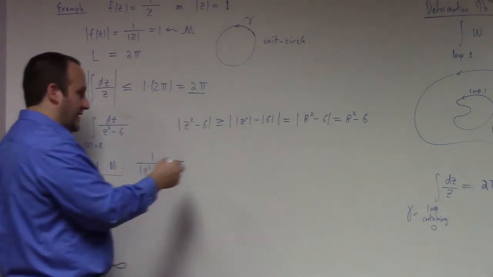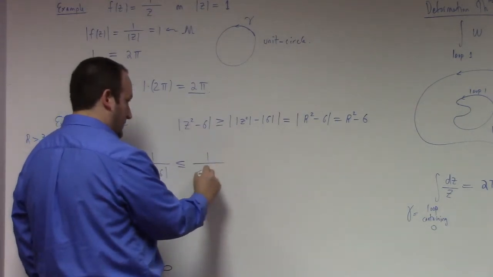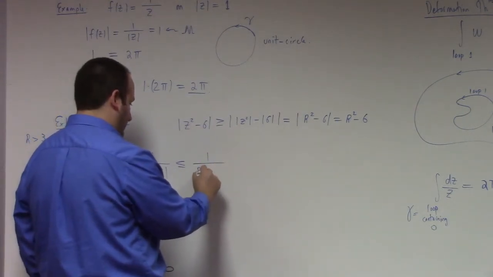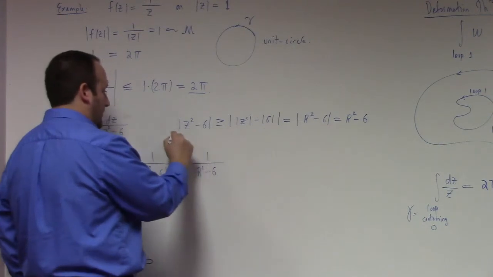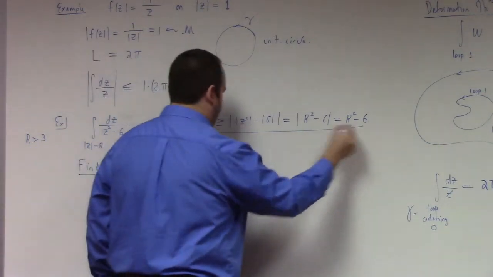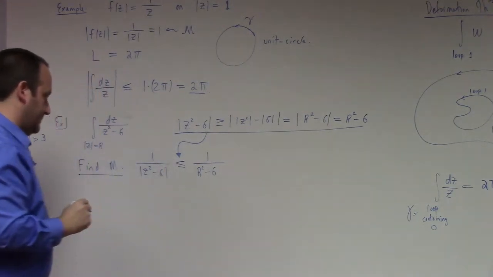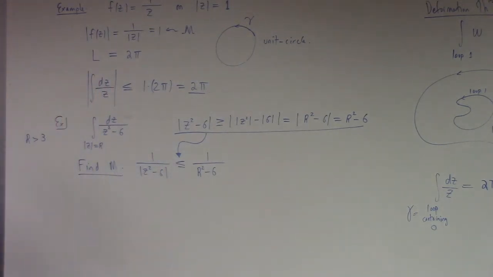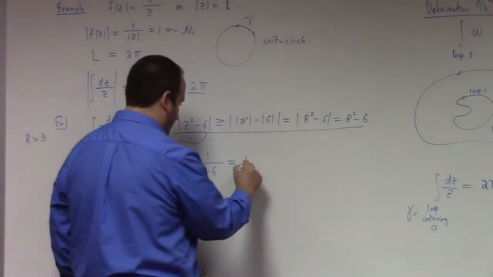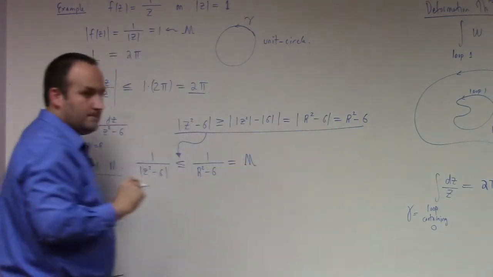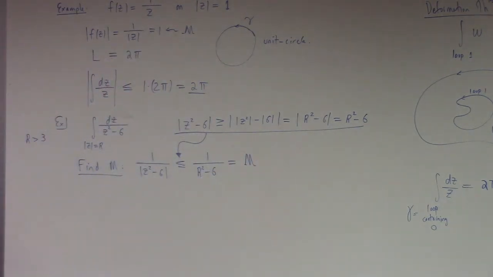And so what I have then is that this is at most 1 over r squared minus 6 by this up here. So we can use that as an M. That's M.